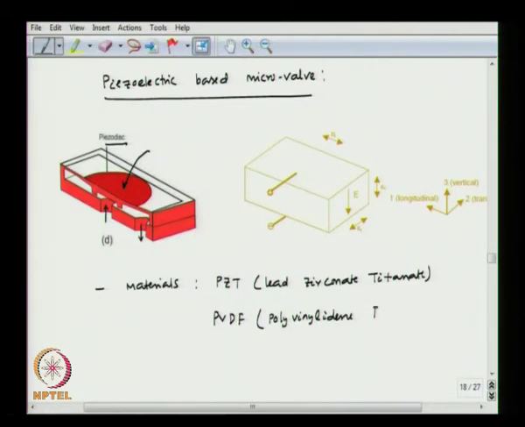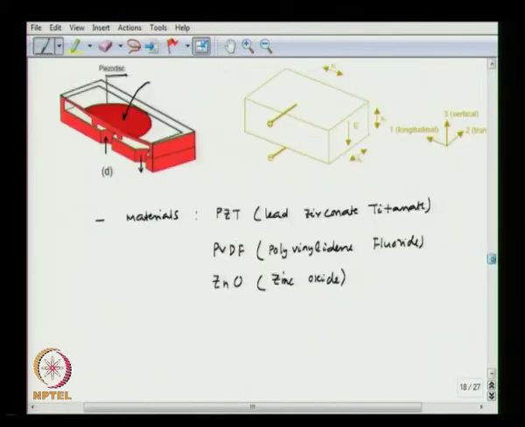Here we are interested in applying an electric field and creating deformation.